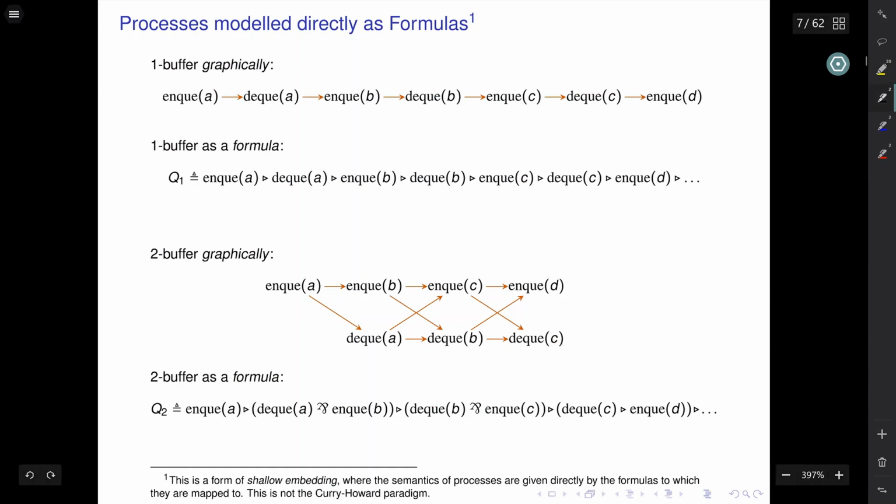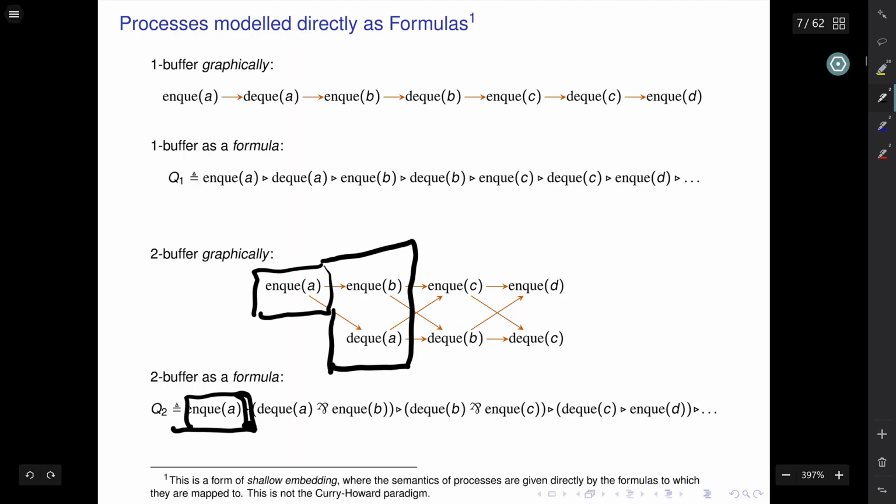Let us break this down. What's happening here? Well, we have the enqueue A event. Now, everything happens after this enqueue A event. So we have a binary operator here. And what happens here? Well, everything before the box, i.e. the enqueue A event, is related to everything inside the box in the same way.